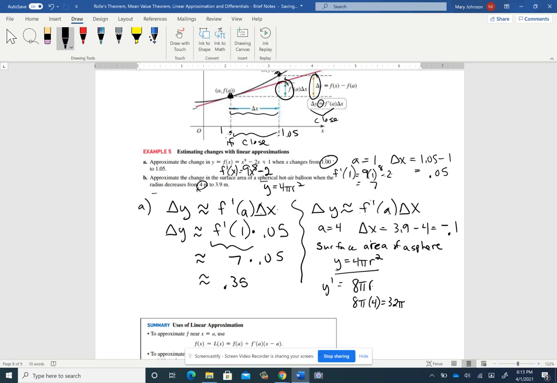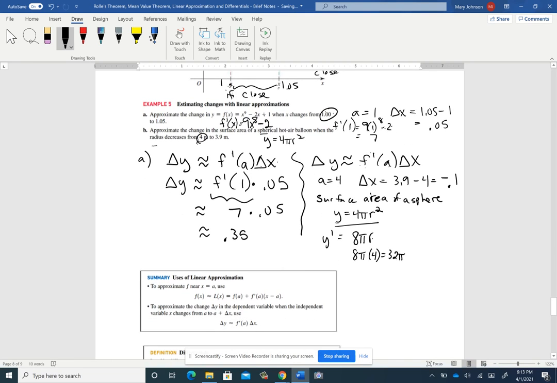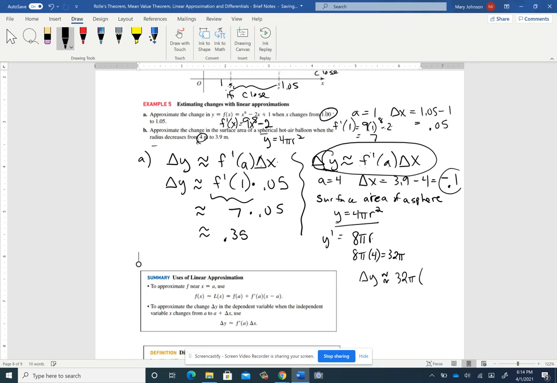So the change in y is approximately equal to 32 pi times the change in x, which was negative 0.1.